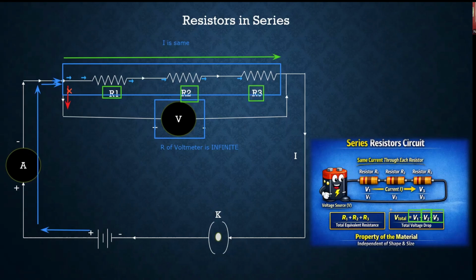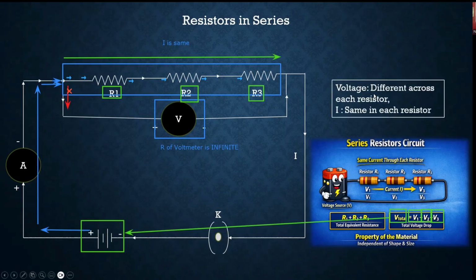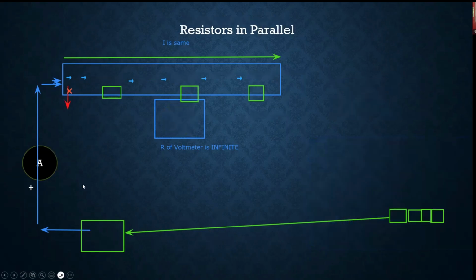If we add all these, you will get V total, which is the voltage of the battery itself. I hope this is clear. So the voltage is different across each resistor and the current will be the same for a series combination.